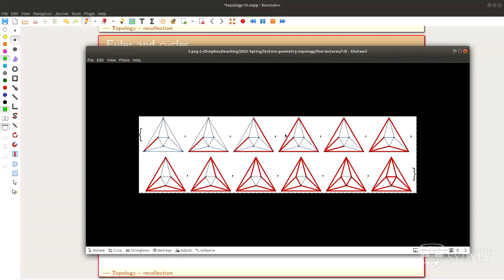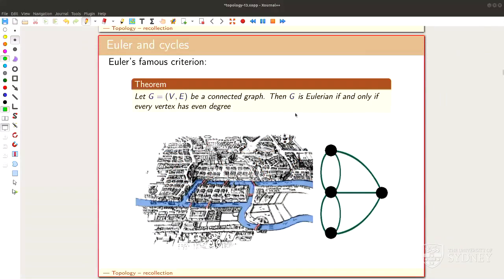And that's a type of question you could ask: is this graph Eulerian? Just check it by eyeballing the degrees of the vertices. Here it's 4, so everything is even, and this beautiful theorem applies. The theorem is really simple.